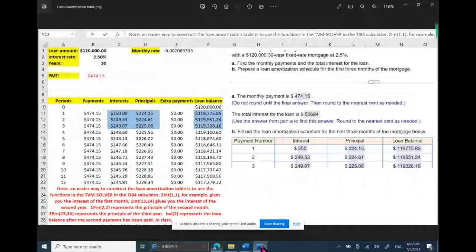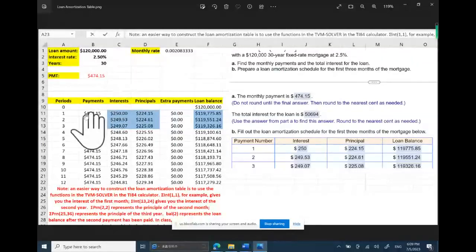So I want to look at my table now, because this problem is probably either the same or similar to the problem you're asking. Let me explain and then we work on the problem in MyLab Math, okay? From the given information, loan amount, interest rate, and the years, we can find the PMT, the monthly payment.